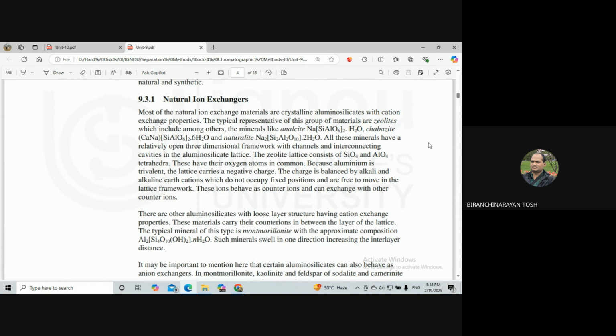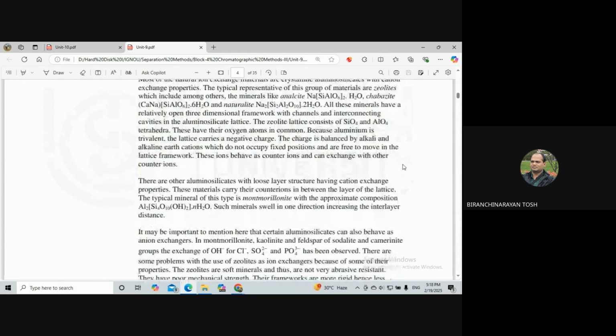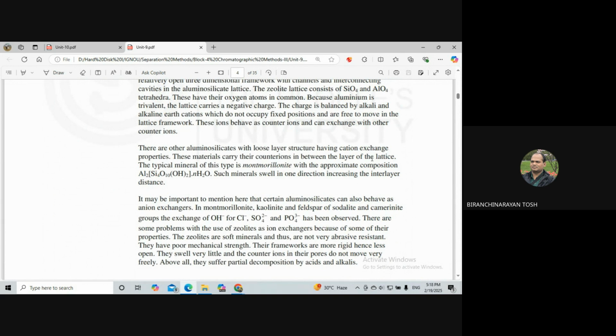These materials carry their counter ions in between the layers of the lattice. A typical mineral of this type is montmorillonite with the approximate composition Al2Si4O10(OH)2·nH2O. Such minerals swell in one direction, increasing the interlayer distance. So when the distance increases, they will exchange the cation.